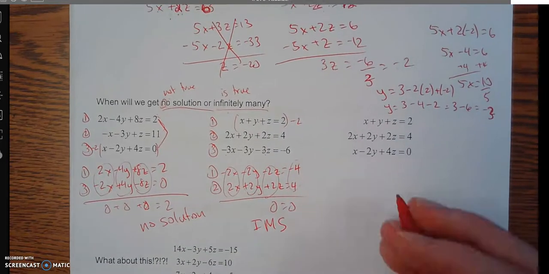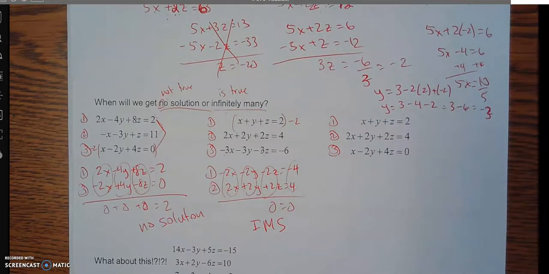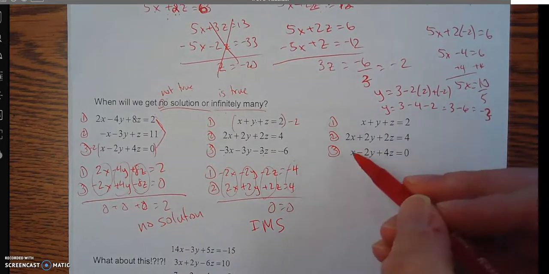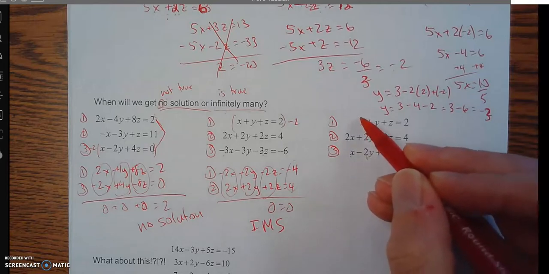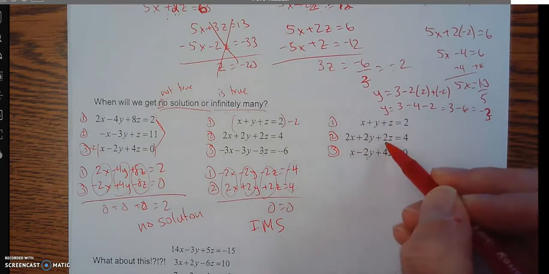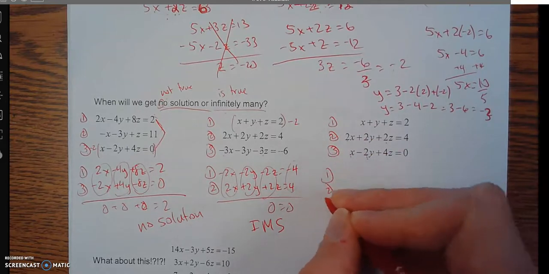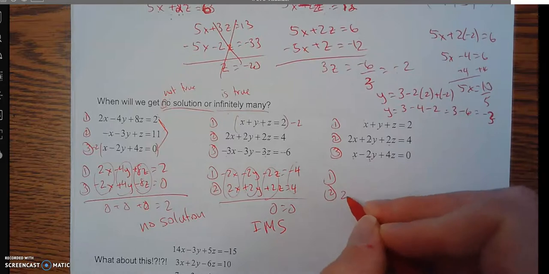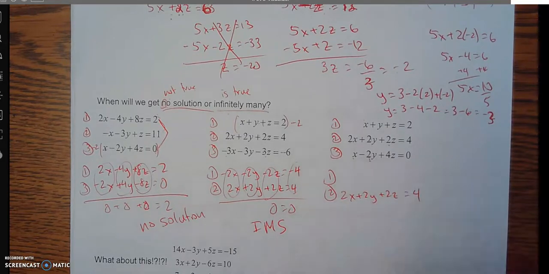And then this last one, again, number them 1, 2, 3, and look for something that has the same ratio. We could say 1 to 2. Nope, not 1 to 2 here. But if I go this route, 1 to 2, 1 to 2, 1 to 2, that's the same ratio. So I'm going to try to cancel these two together. So 2x plus 2y plus 2z equals 4.